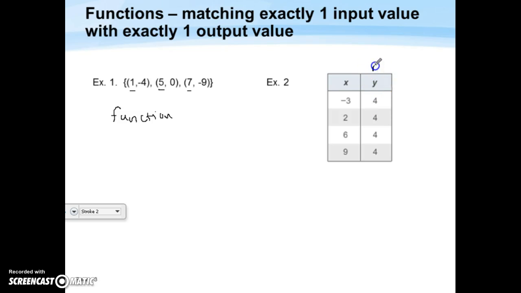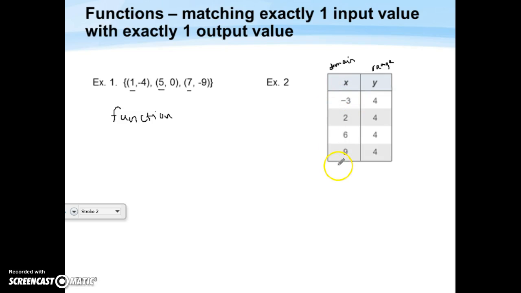So the y's, again, are your range values. The x's is the domain. So the domain has to match with 1. So 2 matches with 4, 6 matches with 4, and 9 matches with 4. Because all of these x values are different, it is okay that the range values are the same.